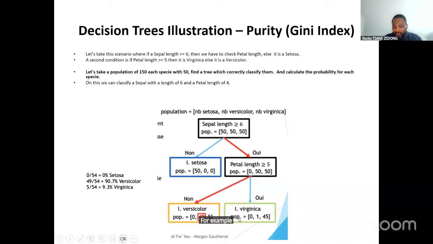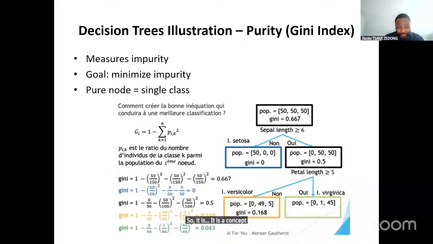So you can also evaluate the probability for a virginica flower to be a virginica flower here. So it is the concept of a decision tree.